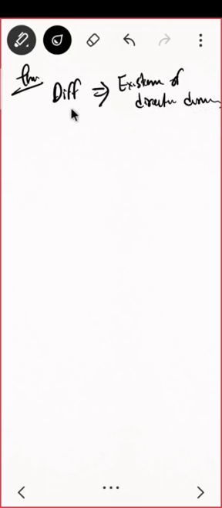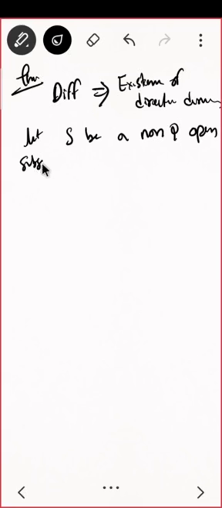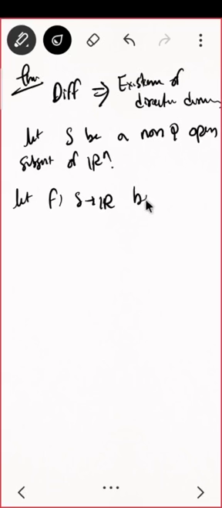I'll write the statement. Let S be a non-empty open subset of Rn. Let the function f from S to R be differentiable at a point a belonging to S.